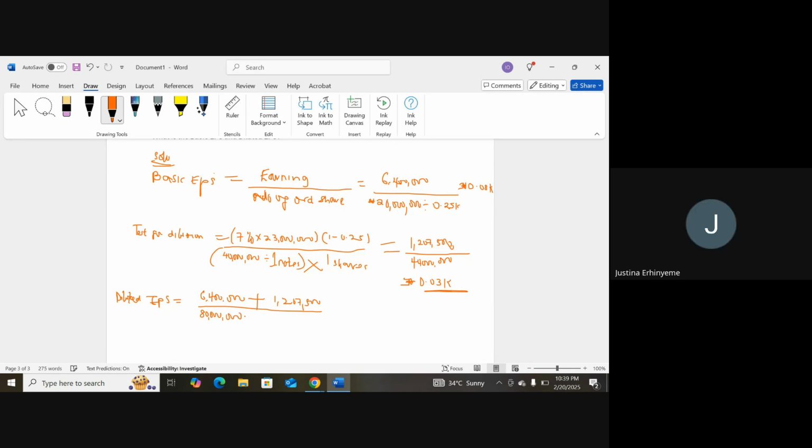It's 80 million. And how do we get the 80 million? That's what I'm trying to explain. This and this will give you that 80 million, because that's the number of ordinary shares, plus the number of ordinary shares that will be exchanged for the convertible loan note. How many shares is that? 40 million.